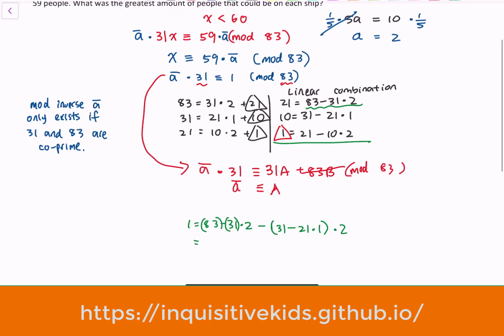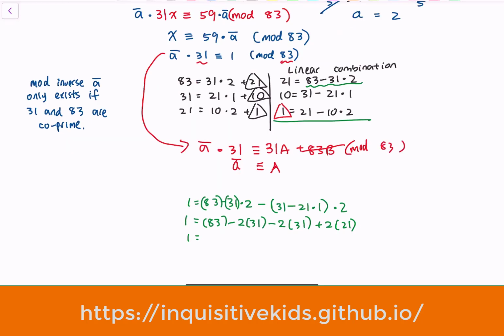And this can be further made into terms of 83 and 31. 83 minus 2 times 31 minus 2 times 31 plus 2 times 21 is equal to 1.